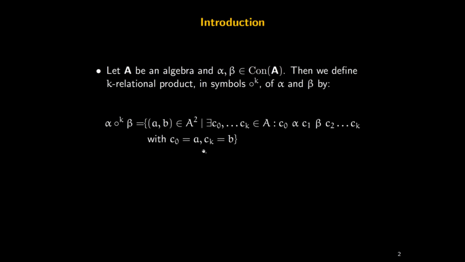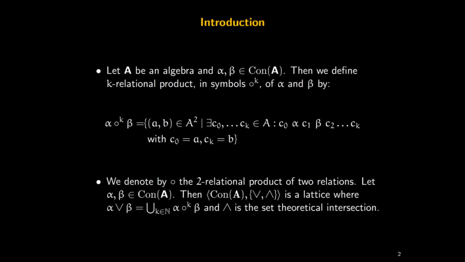We take the set of pairs such that there is a chain of elements in the algebra connected with k applications of the congruences involved in the product, where first you apply alpha, then beta, and so on. And of course, c0, the start of the chain, is the first element in the pair, and ck is the second.